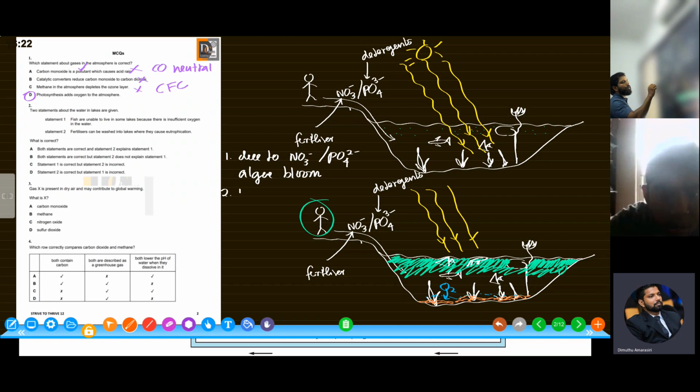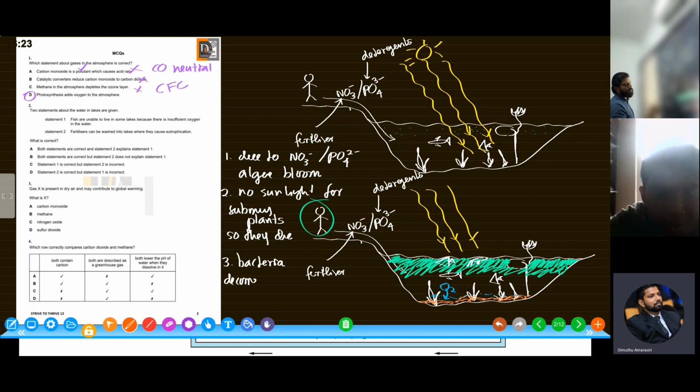So no sunlight for submerged plants, so they die. Then what happens? Bacteria decompose dead plants, utilizing oxygen. Now, oxygen concentration decreases.